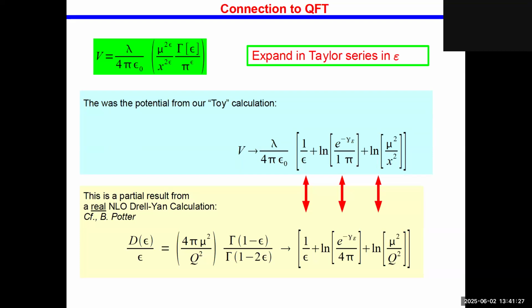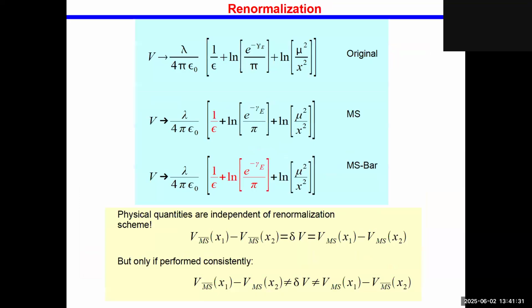Mhm. Non-math world, but okay, let me try this, a good segue. So I expanded that out, and what I've got at the top is the original potential, but it depends on this epsilon, which is troublesome, and it also depends on this mu. Both of those are non-physical, and I don't want those in the final answer. In particular, if I go back to 1 dimension and I set epsilon to 0, I'm going to have problems.